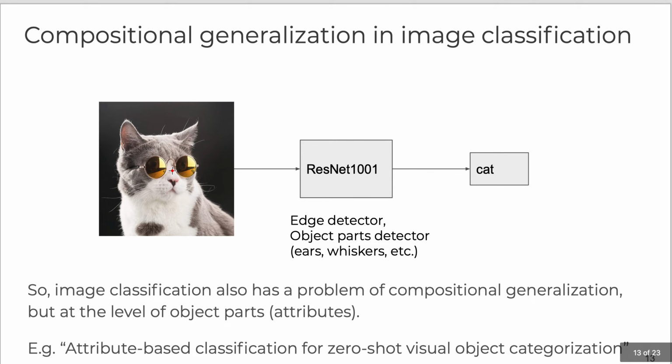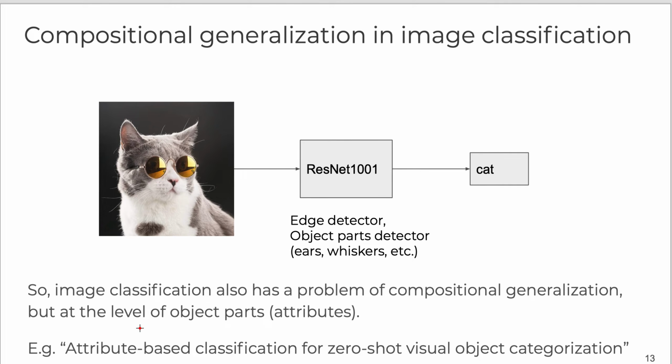So compositional generalization exists not only in scene graphs. It's also known in other topics like image classification, where attributes of objects can create different compositions, and this is orthogonal to scene graphs, but you can find this also interesting.